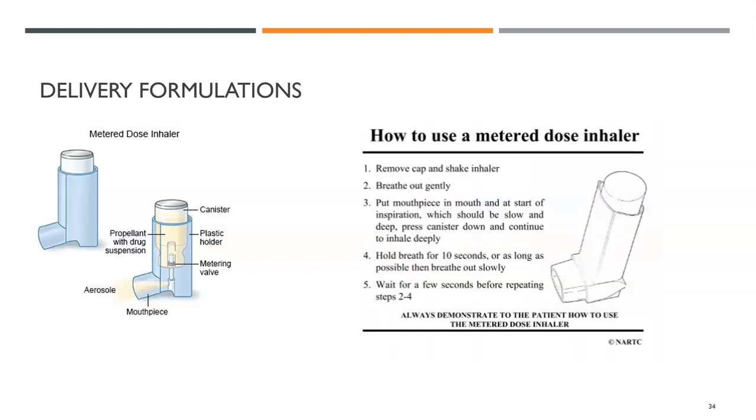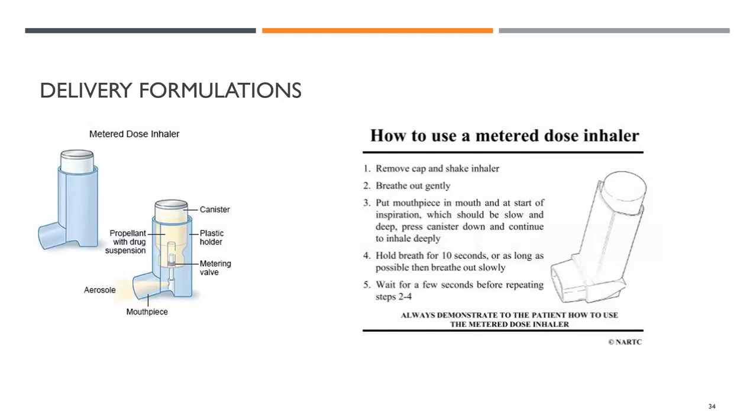So how to use a metered dose inhaler. You remove the cap and you shake that inhaler up. Breathe out gently. Put the mouthpiece in the mouth at the start of inspiration, which should be slow and deep. Press the canister down and continue to inhale deeply and hold the breath for about 5 to 10 seconds or as long as they can, and then breathe out slowly.